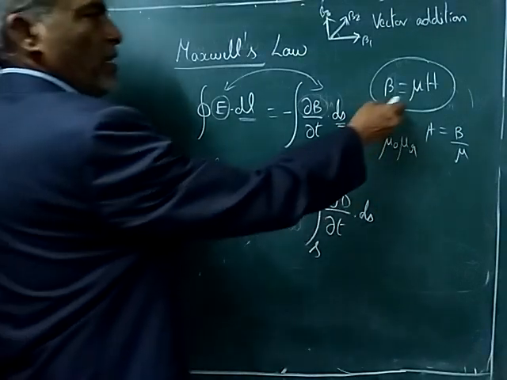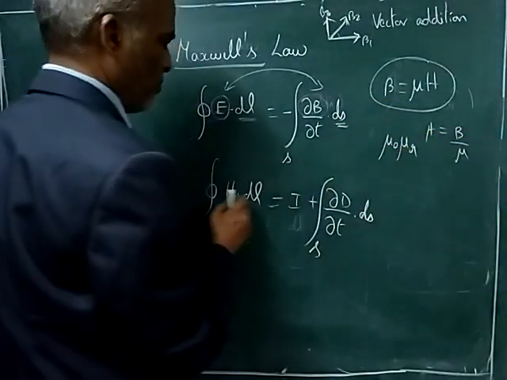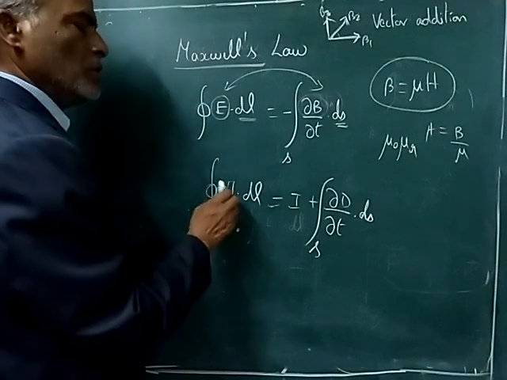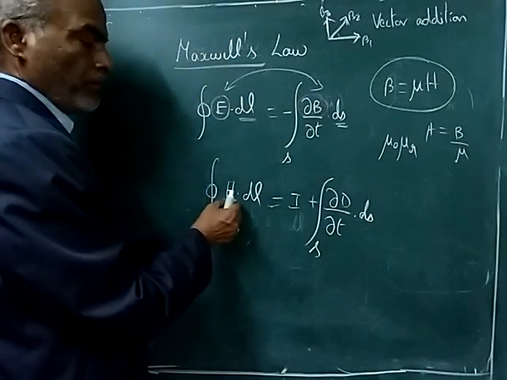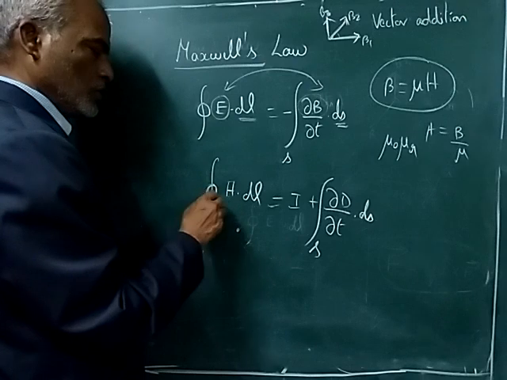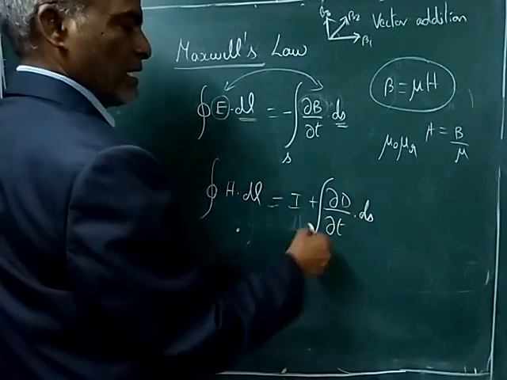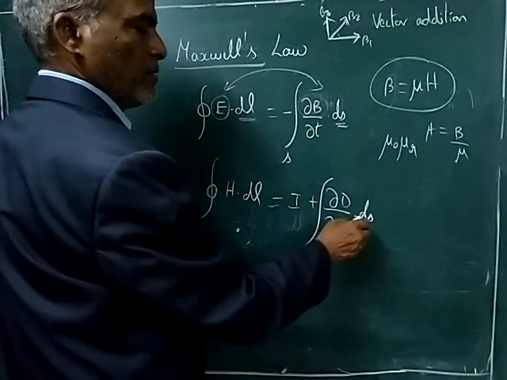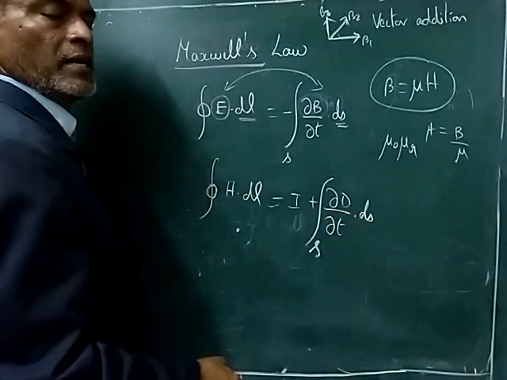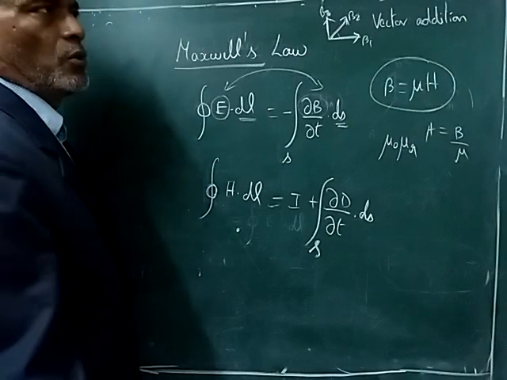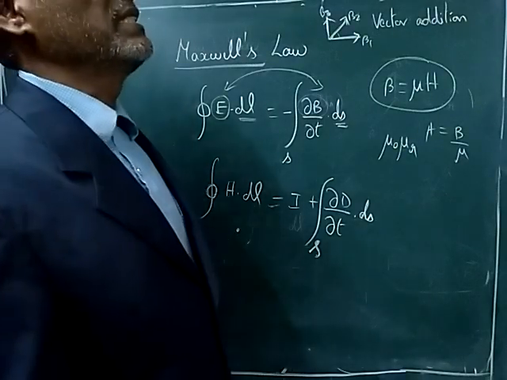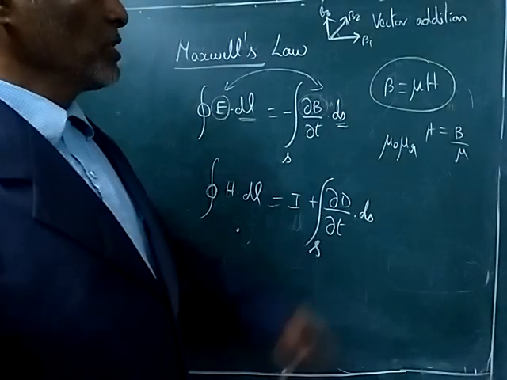H means magnetic field. You can write it as H is B by mu. The closed line integral of H dot dl is equal to I plus the area integral of dou D by dou t into ds. I told you what D is: electric flux density, coulombs per meter square.